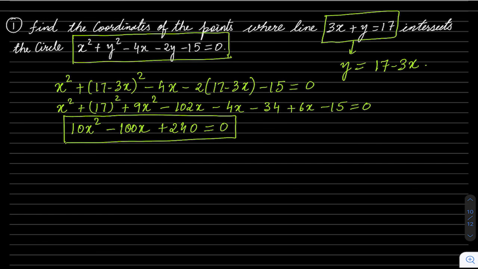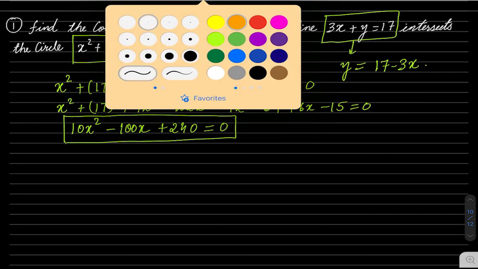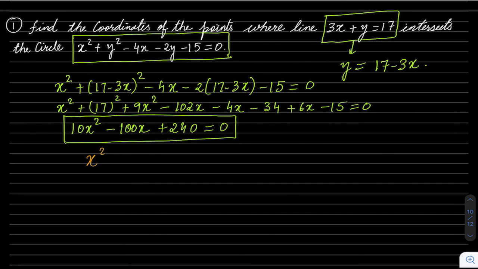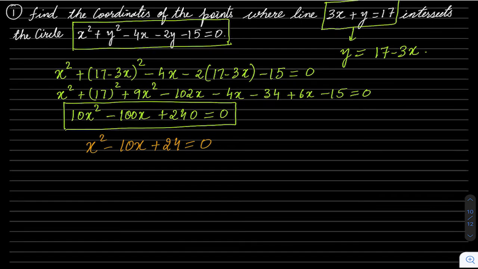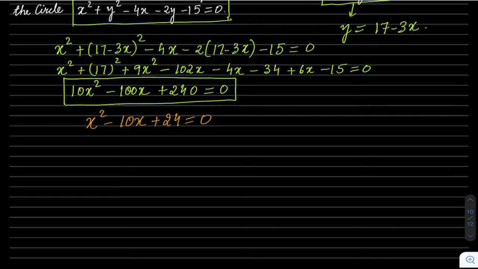Once you have a quadratic, we know a quadratic can have two distinct roots, two equal roots, or non-real, imaginary or complex roots. These are the possibilities, so we have to solve it and then see. Let's divide everything by 10. We get x² − 10x + 24 = 0.